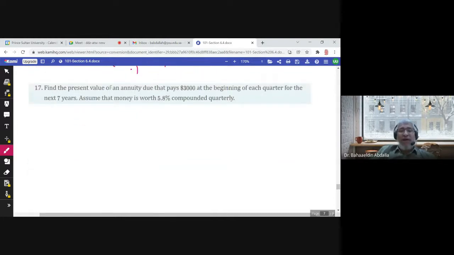Find the present value of an annuity due, so A_n due, that pays 3,000, this is R, at the beginning of each quarter for the next 7 years. So n is 28, i is 0.058 over 4 each quarter, and this would be, if you use the calculator, 0.0145.